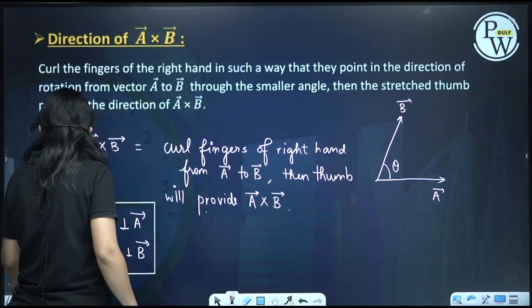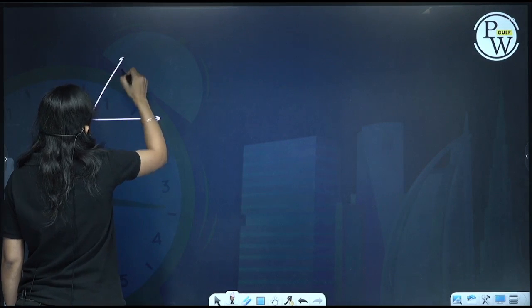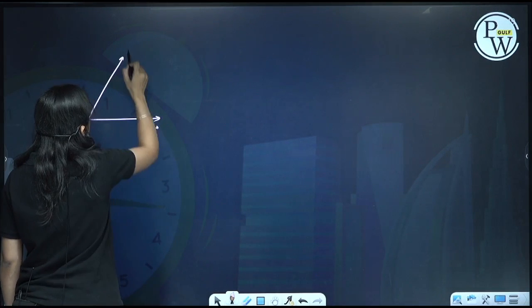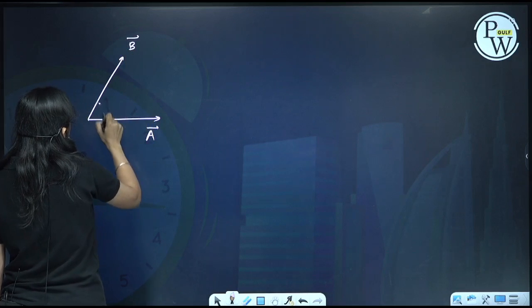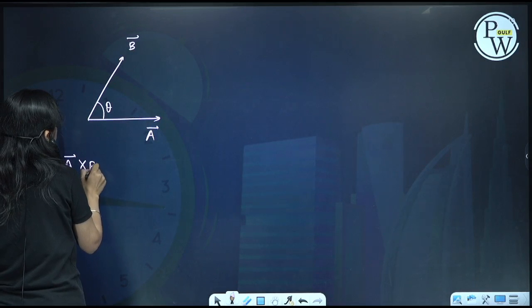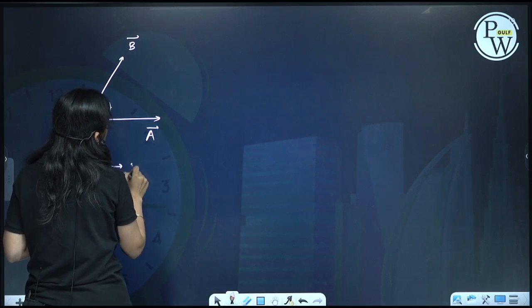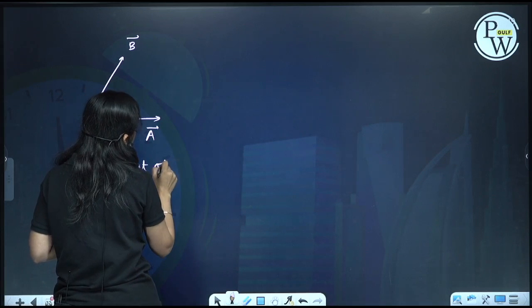Okay. Now see, A, B, theta. Now find A cross B. A cross B is, curl the fingers from A to B, out of the plane.